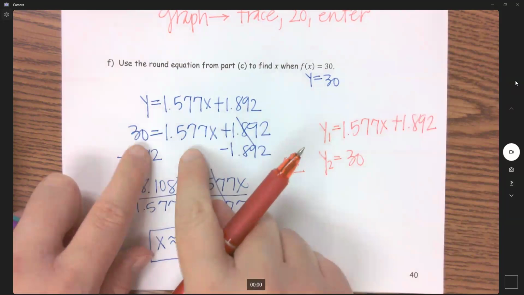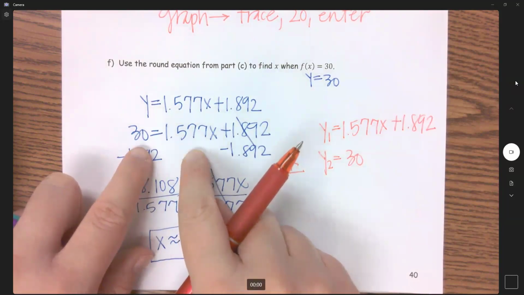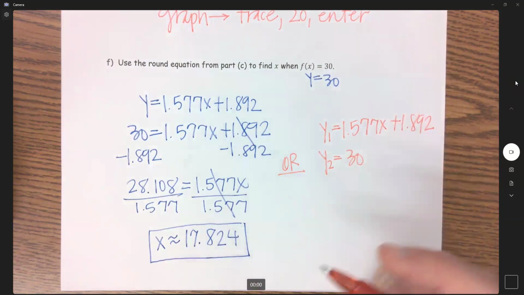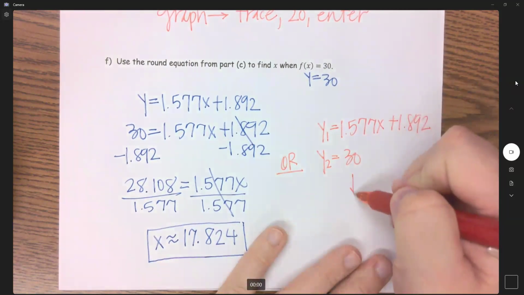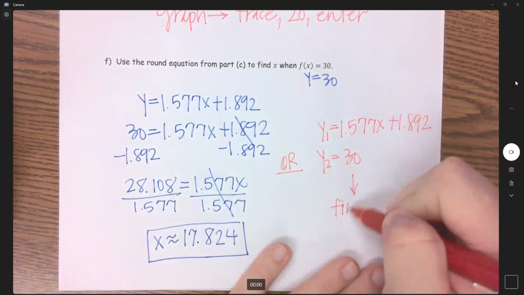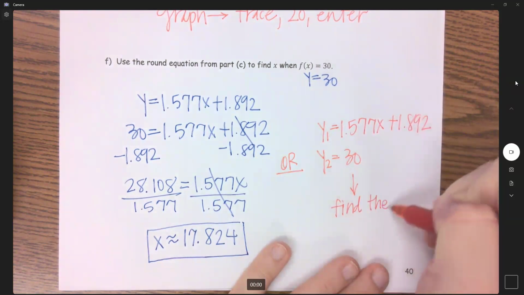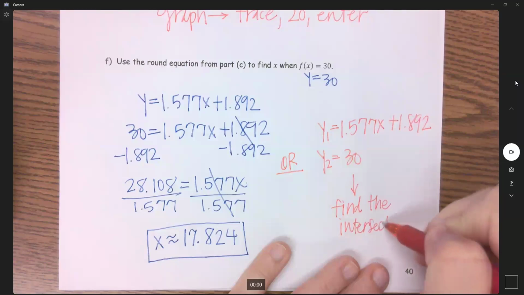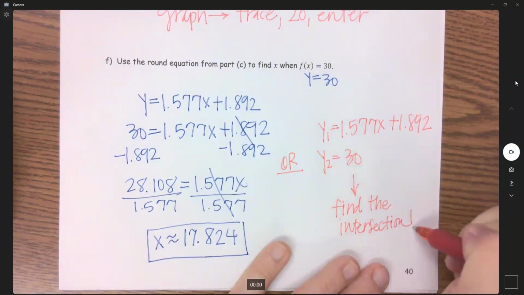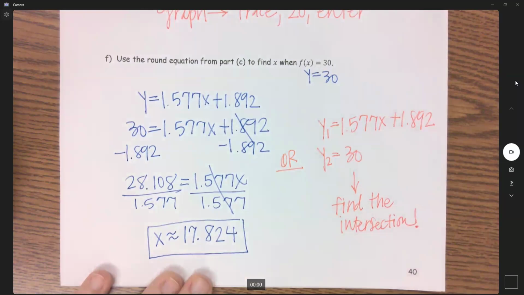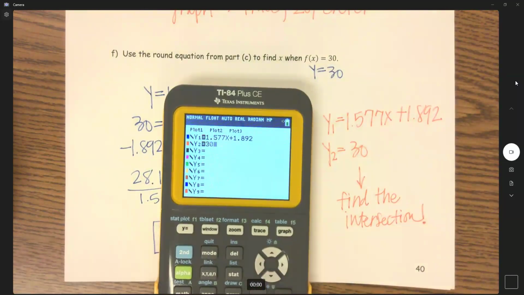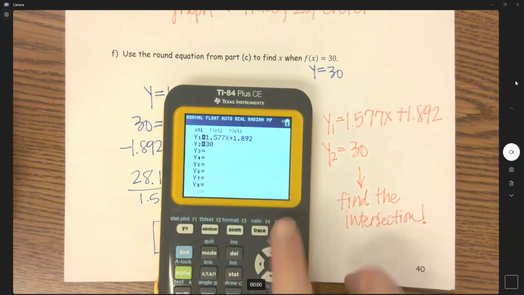It does not matter which side you do as y1 and y2. So just set the other side as your y2. And then find the intersection. So I already have my equation in there. So I'm going to set my y2 to 30 and I'm going to hit graph.